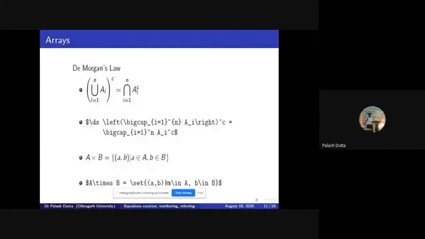This is a simple expression, A times B, a product symbol. Then another way also you get the symbol, no problem. So under A, B such that a in A, b in B. So this will give this expression.